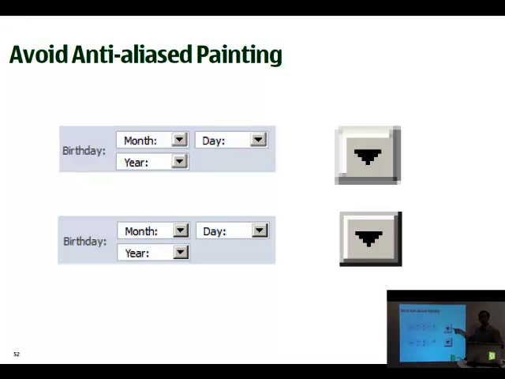First, it is not sharp, it is blurry. Second, it's slower. So for painting such a combo box arrow, you can as well disable anti-aliased painting and then just use something like this. It's not only sharp, but it's faster than doing it like this. And usually this is what you want anyway.